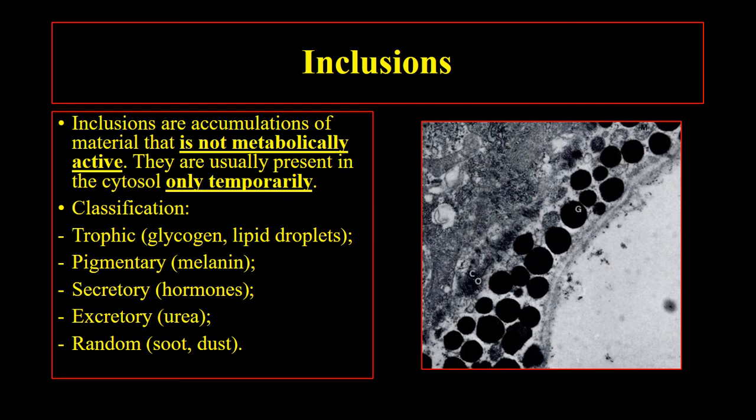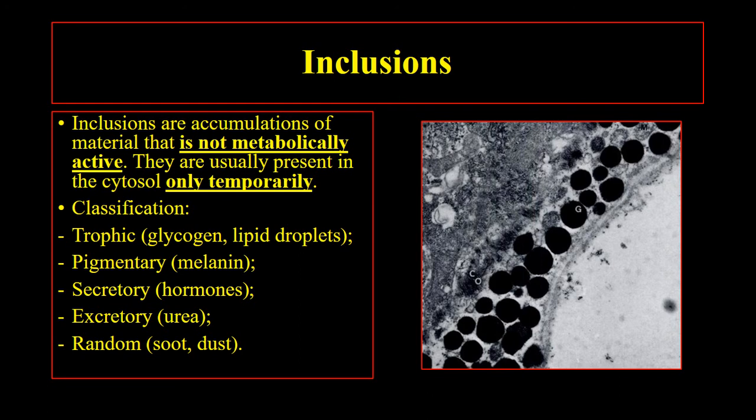They are usually present in the cytosol only temporarily. So, the main difference from organelles is that inclusions are only temporary, but an organelle is a constitutive component of the cell.